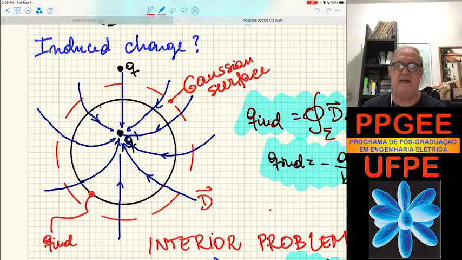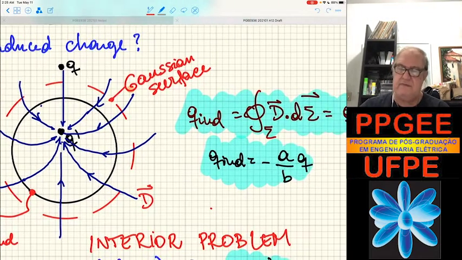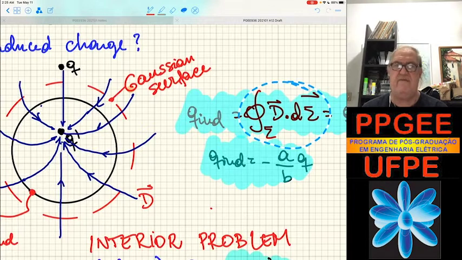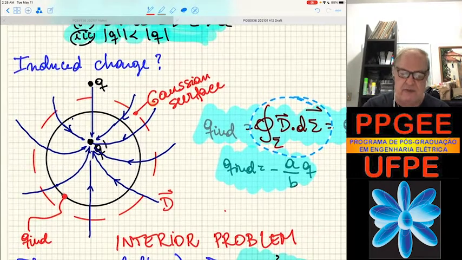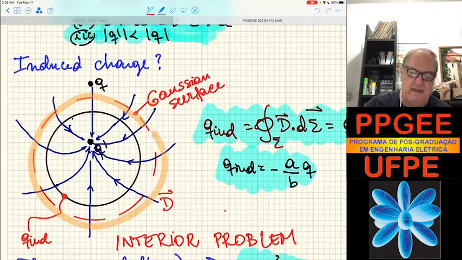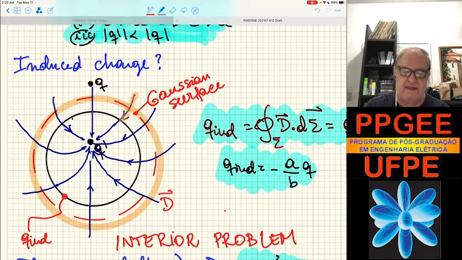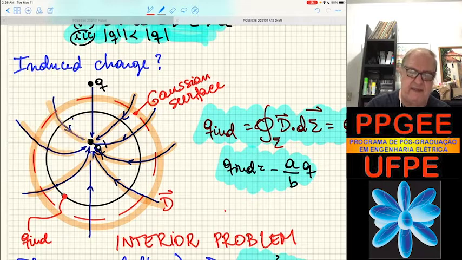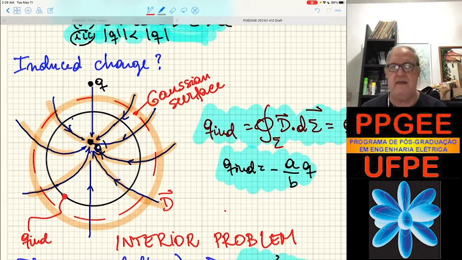So it means that the integral of the flux density vector gives the total charge, right? Well, by construction, we see from Gauss's law that the flux that enters the surface, all the field lines end in the image charge.